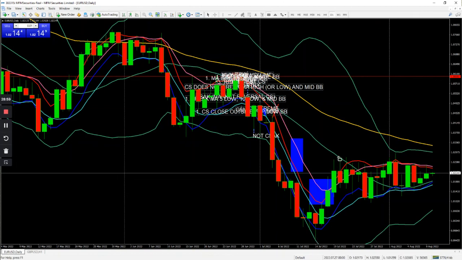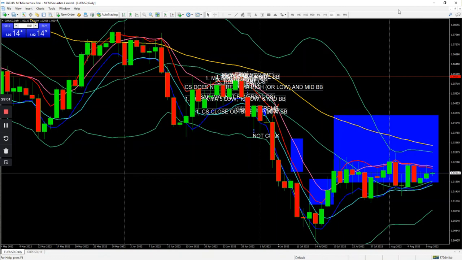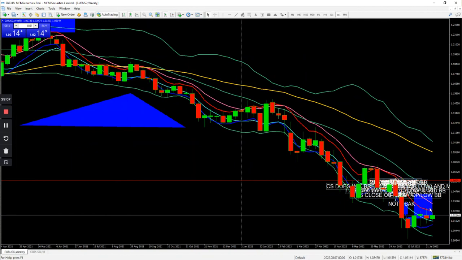What is it trying to do? It goes sideways, perhaps it wants to do a re-entry in the weekly. As last week, you can see that the market closed at MA 5 high.